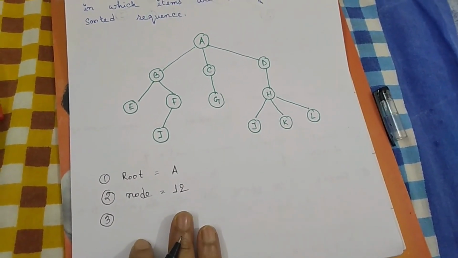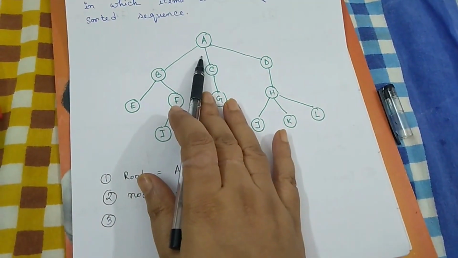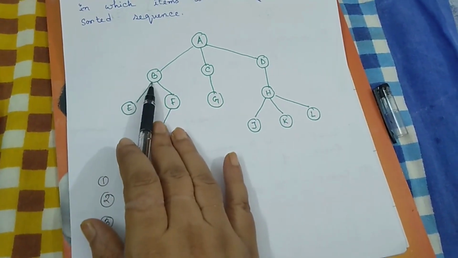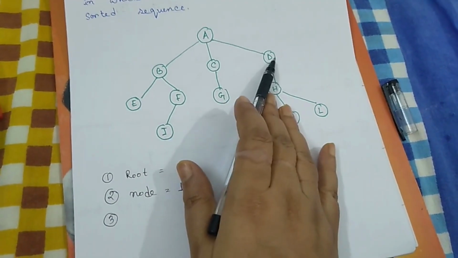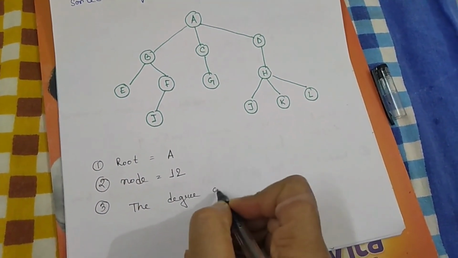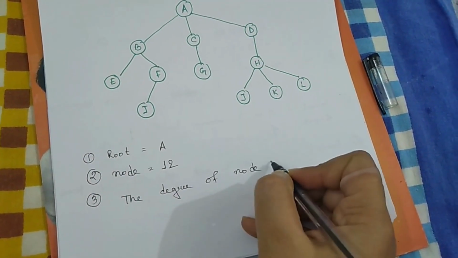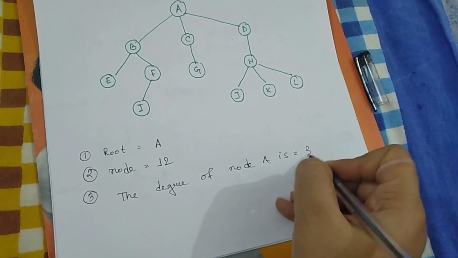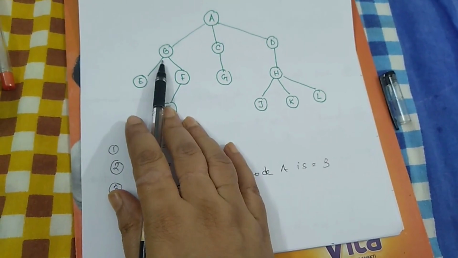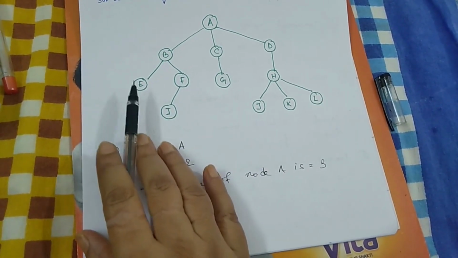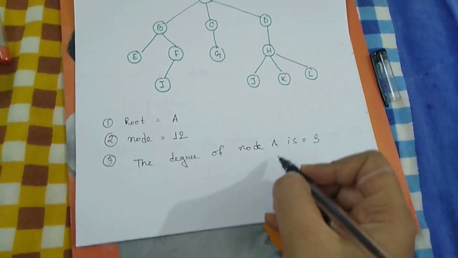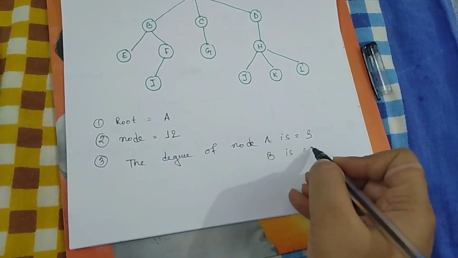For example, the degree of A: this node holds another 3 nodes, that is B, C and D. So the degree of node A is 3. Next, B holds another 2 nodes, that is E and F. So the degree of B is 2.